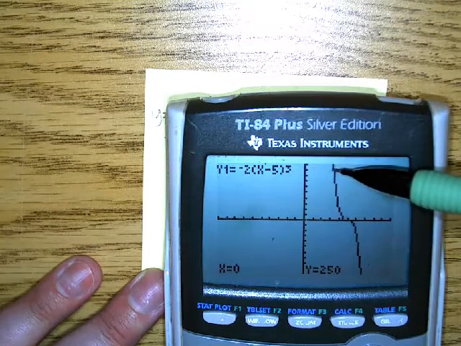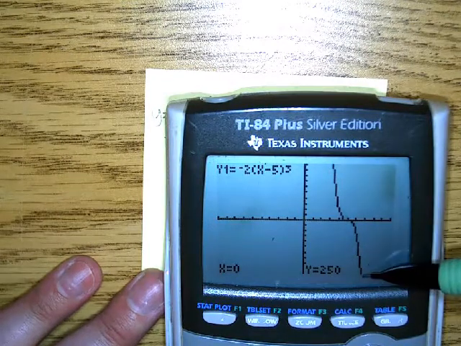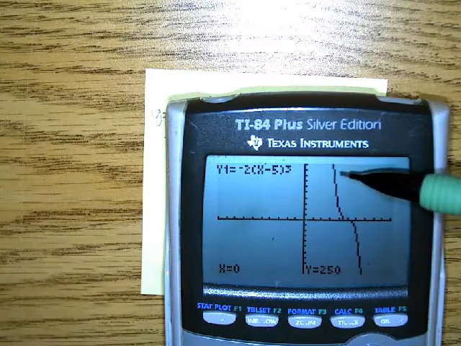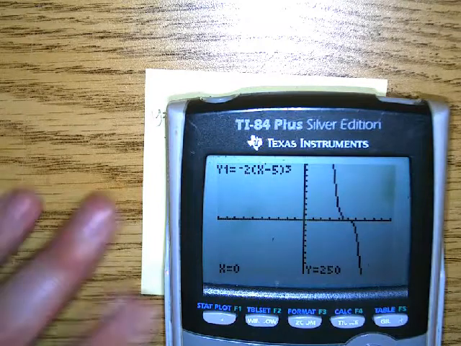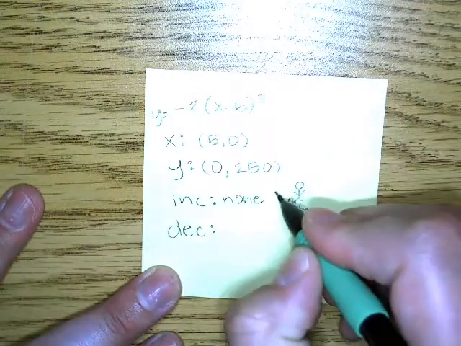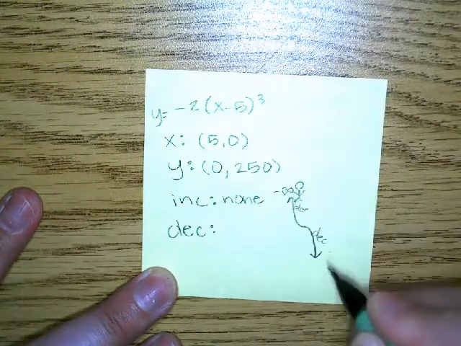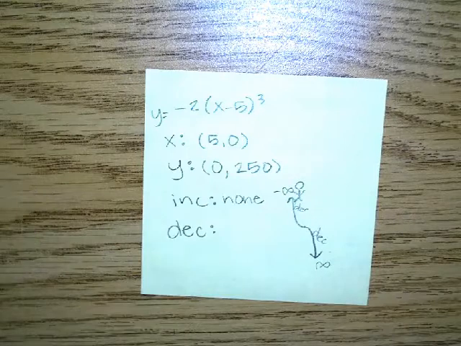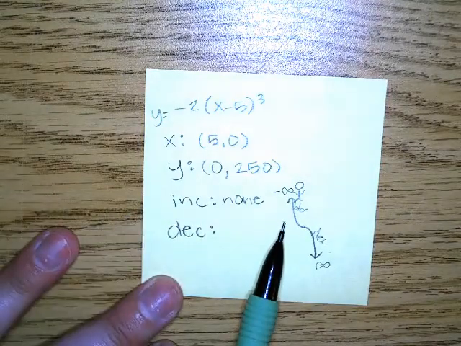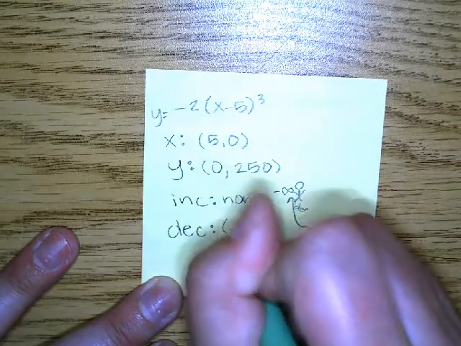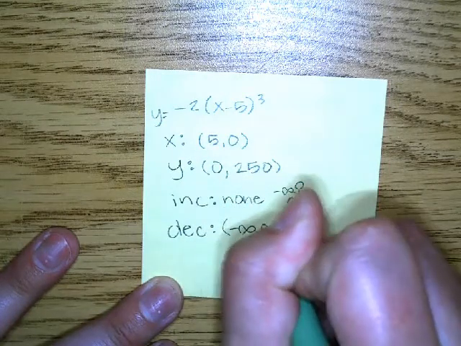This one is slightly right. It's not very left, but it's technically the left arrow. Yeah, it's just not very extreme. So this is a left arrow. This is a right arrow. So what would we write for the decreasing interval? -infinity to infinity.